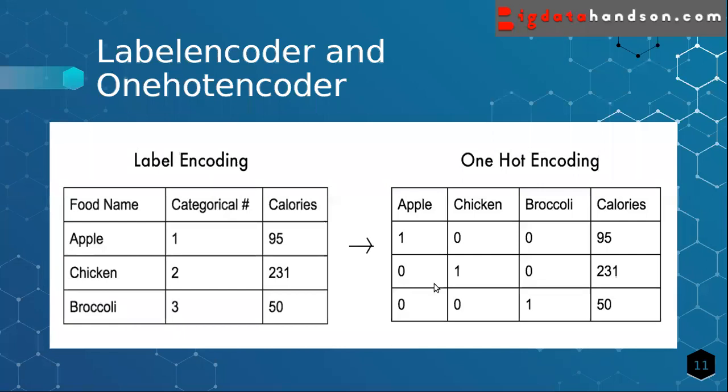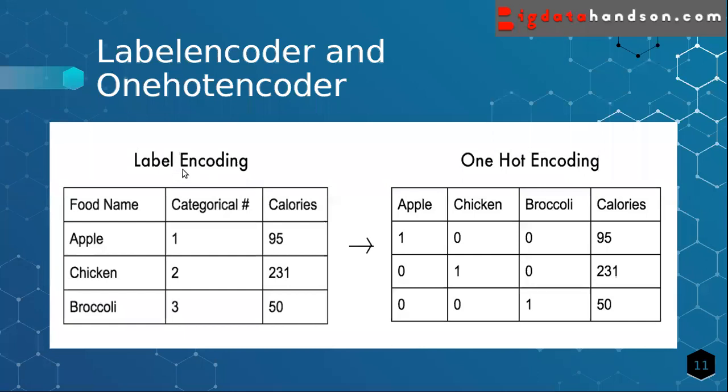Like that, with separate columns, you are not telling that chicken is greater than apple or broccoli is greater than chicken. We're just saying apple appeared, chicken did not appear, broccoli did not appear. All the columns will have only 0 and 1s. This is the step of one hot encoding.